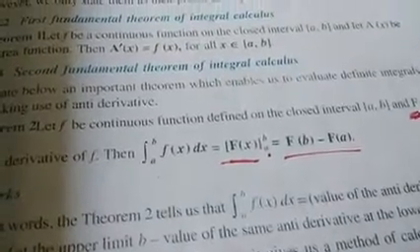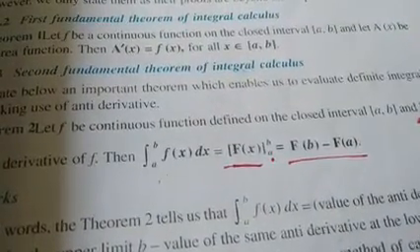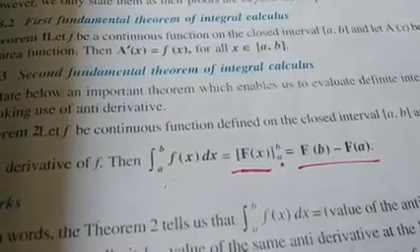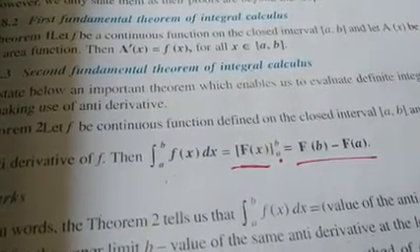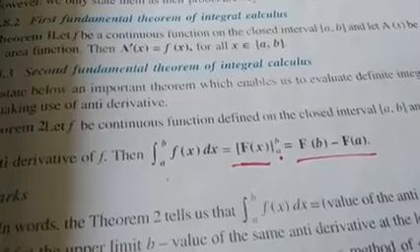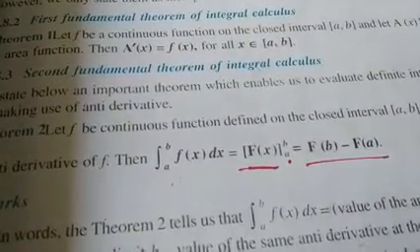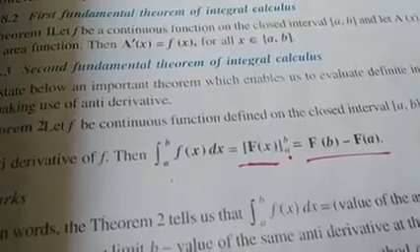That is, when you integrate a certain function, for applying the limit, you will be writing the function with the upper limit minus the function with the lower limit. That's what they have given in the second fundamental theorem of integral calculus. That's what we are going to apply for integrating a definite integral.